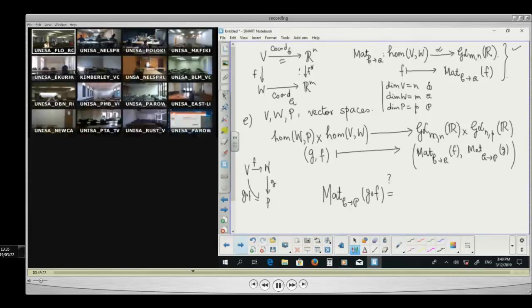What should this be? B is n-dimensional, so this G composed F is from n-dimensional to p-dimensional, so this should be a p cross n-dimensional matrix. Okay? Remember, this is what?